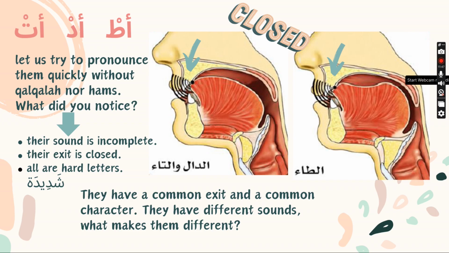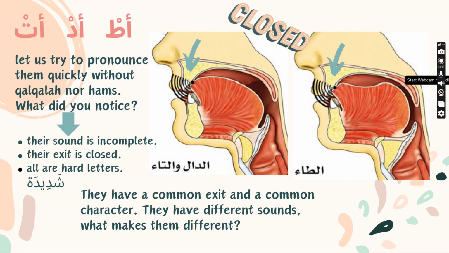In the ta, it actually goes towards the upper palate. Then it's a heavy letter, حرف مستعلي, به تفخيم, okay? It's a heavy letter, ta, but we say ta, da. Does the same happen with the dal and the ta?